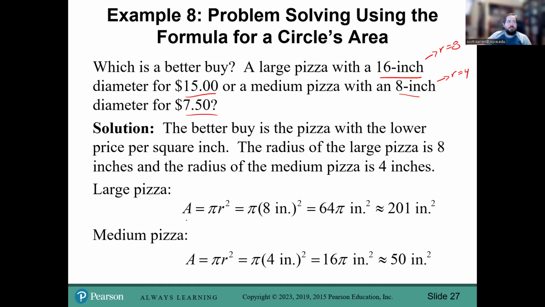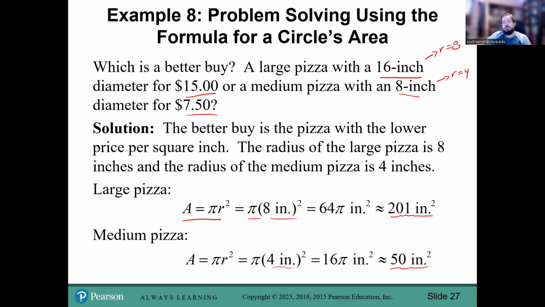So for the large pizza, my area is going to be pi r squared. So pi times its radius of 8, so 8 squared. That gives me about 201 square inches. Whereas for a medium, if I input 4 inches into its radius, that gives me about 50 square inches.